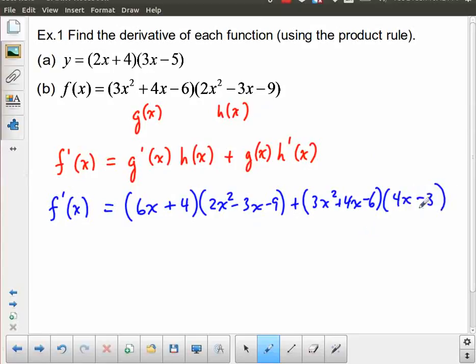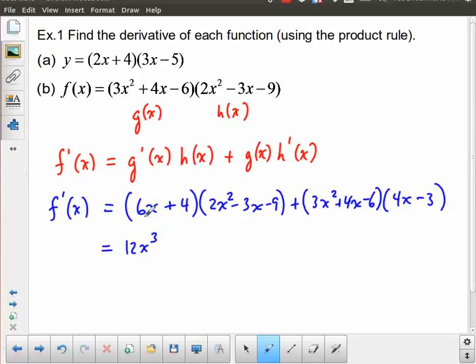Now unfortunately we still have quite a bit of work to do here, which is we really should expand and simplify this. It's straightforward, really just bookkeeping, making sure that we don't make any silly mistakes. So being very careful one at a time, I'm going to take this first term, 6x times 2x squared. That's equal to 12x cubed.